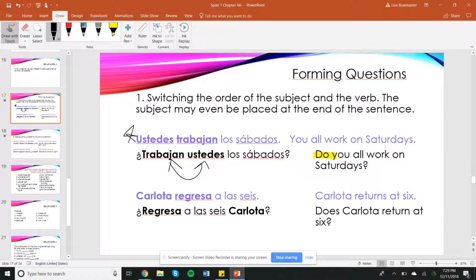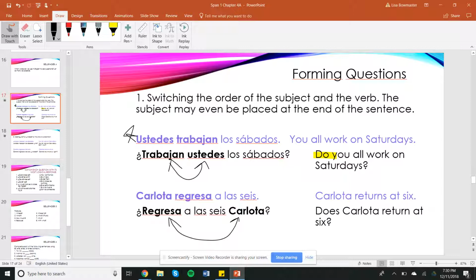The do is implied. Another example here is Carlota regresa a las 6. So Carlota returns at 6. That's the word order I'm used to in English. Now, for the question, I actually took Carlota, put it all the way at the end, and had regresa at the beginning.